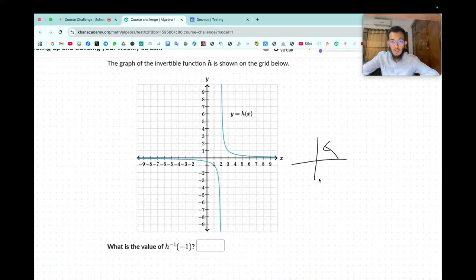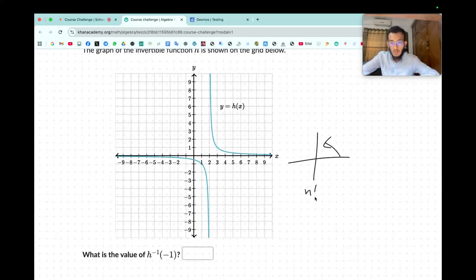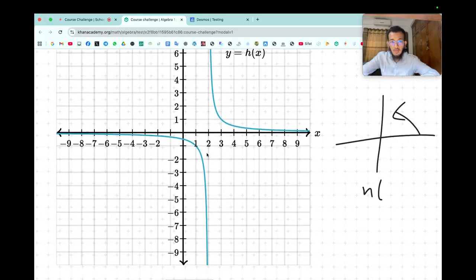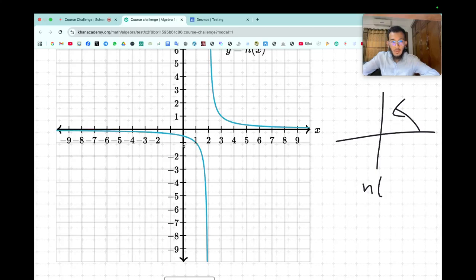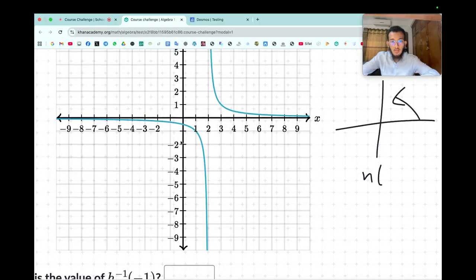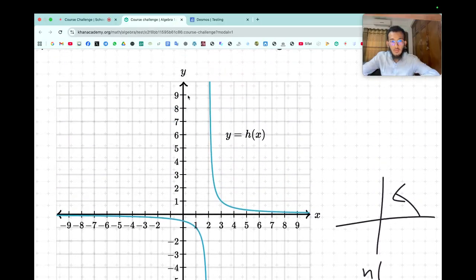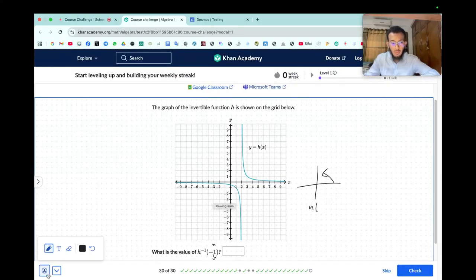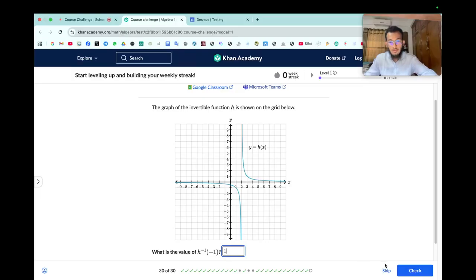So h inverse of minus 1 is the same value that we get for y of this function, because we change x with y. So inverse would be this x would be this y. So for y, if you have minus 1 here, we get positive 1 here. So this would be positive 1.